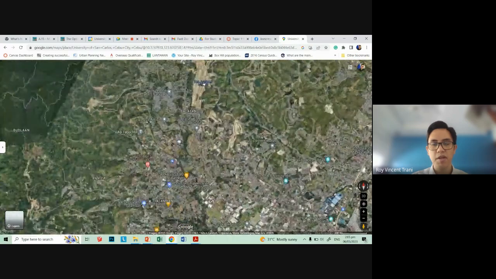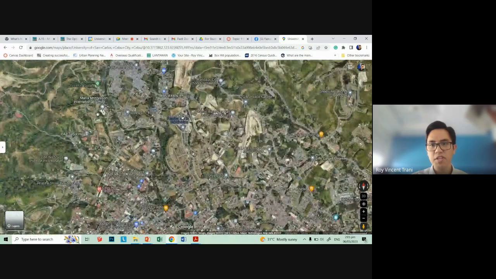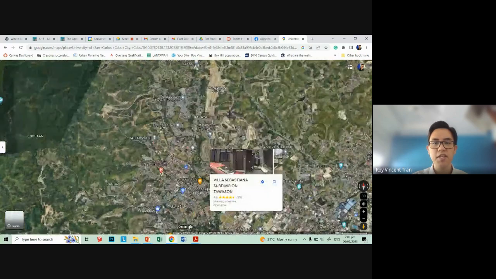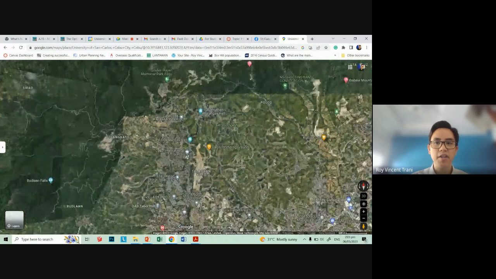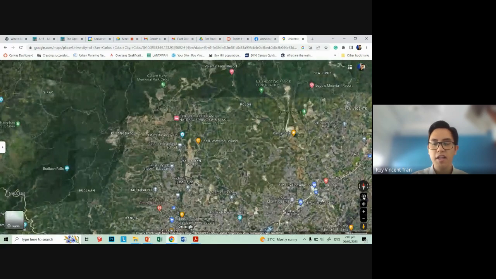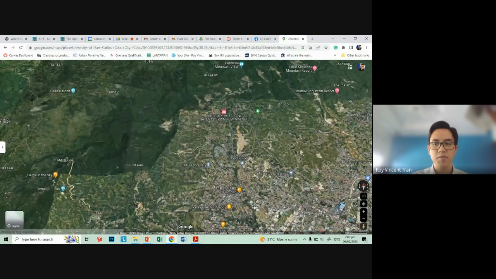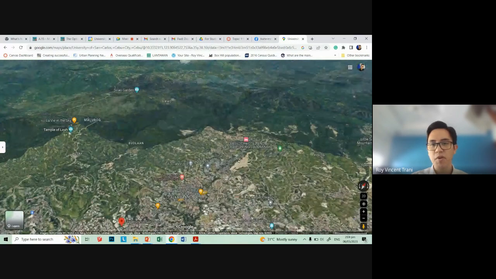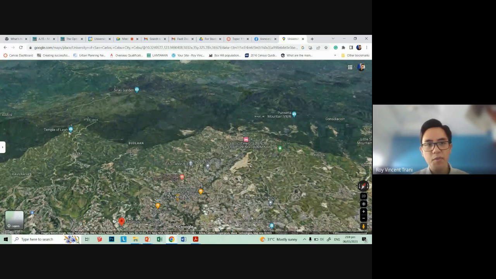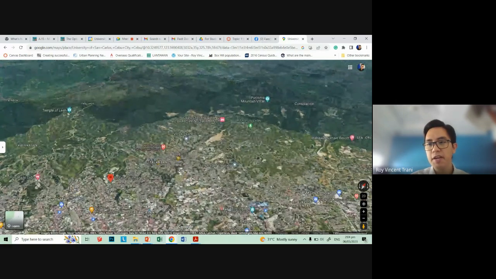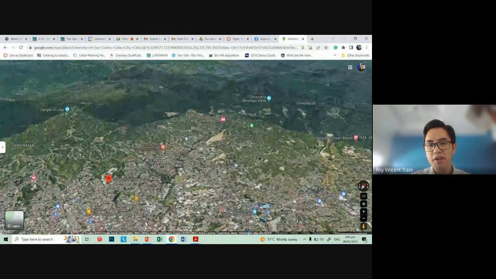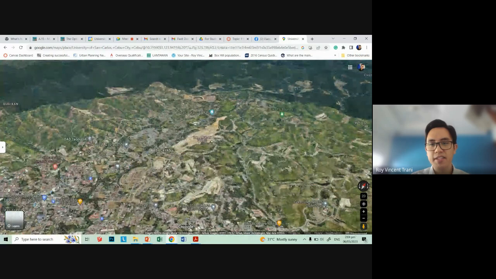So we have Talamban Viejo, Cristina North, Villa Sebastiana, and you see they're all encroaching upon the hilly or mountainous areas of Cebu, which, as we mentioned before, is not really the most ideal location for subdivisions. Developers are just building here because it's cheaper and land is available.